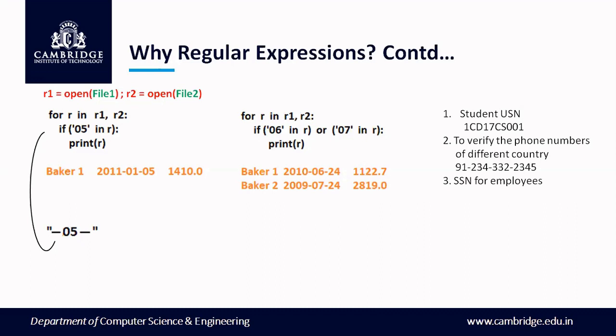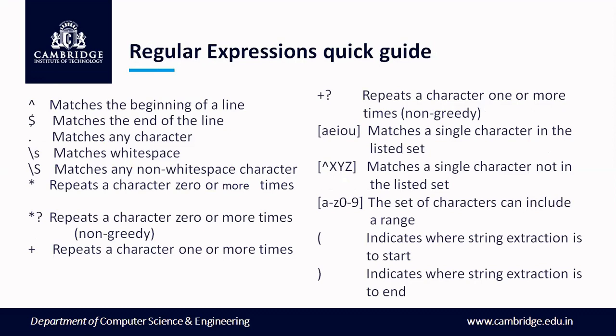For such kind of pattern, it's very difficult for us to use only strings, or it could be SSN for employees. Then we have clever wildcard expressions for matching and parsing strings in Python. Okay, let us have a quick look at regular expressions which support such wildcards.